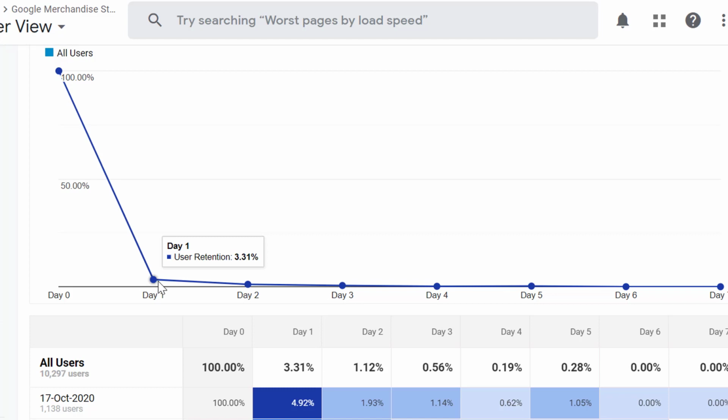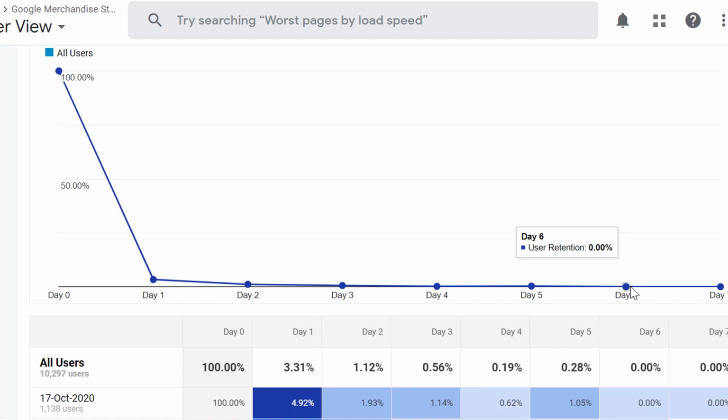They revisited my website on day 1, subsequent to which on day 2 this number deteriorated to 1.12%, and further deteriorated to 0.56, and on day 4, as you can see, it was 0.19, and then 0.28, and then on day 6 it is 0%. This particular line matches the x-axis at day 6.